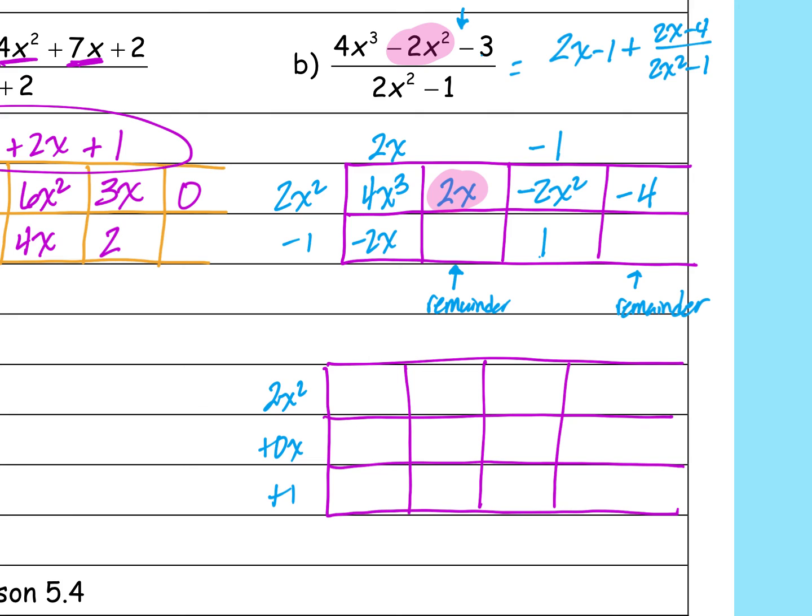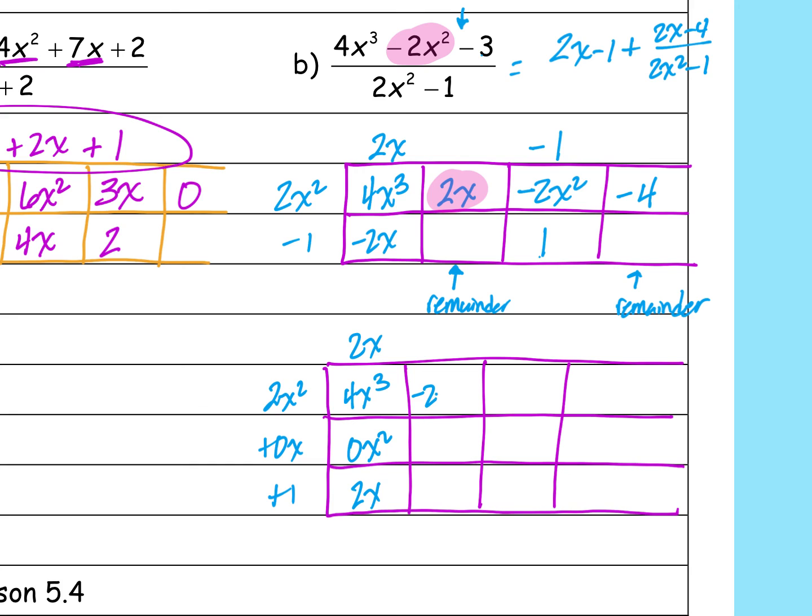Okay, so we can do it this other way. It just gets a little more complicated. So I have 4x cubed. It starts out the same way with 2x, right? 2x times 0x is 0x squared, and 2x times 1 is 2x, okay? So what do I add to 0x squared to get negative 2x squared?